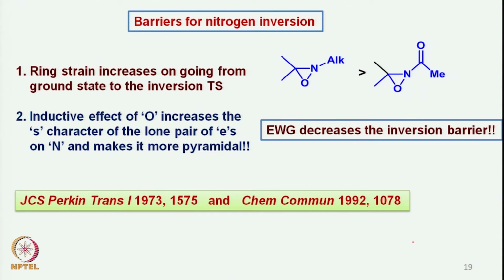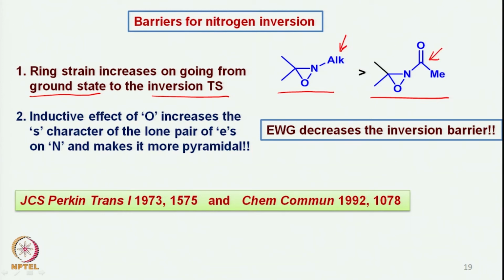Obviously, we go from the ground state to the transition state, and at the inversion transition state the strain will increase. When you have an N-alkyl substituent versus an N-acyl substituent, the strain increases with the alkyl group, and the strain decreases when we have an electron withdrawing group.